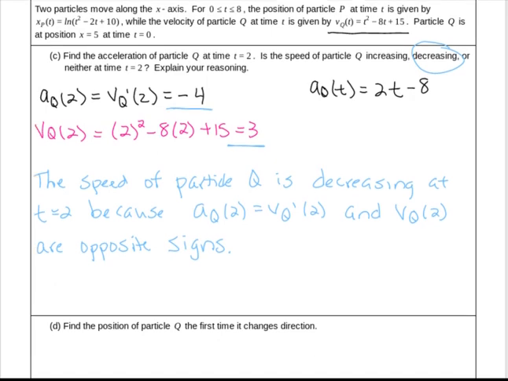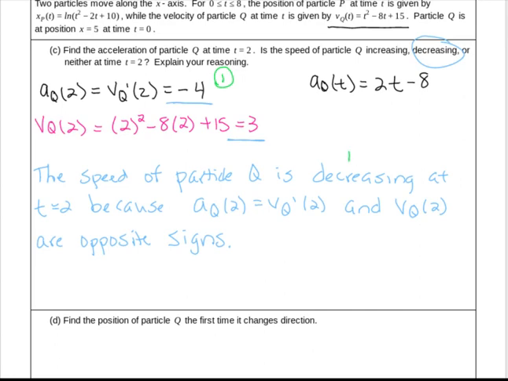All right, this question was worth 2 points. It was 1 point for finding the acceleration at negative 4, and 1 point for your answer with your reason.